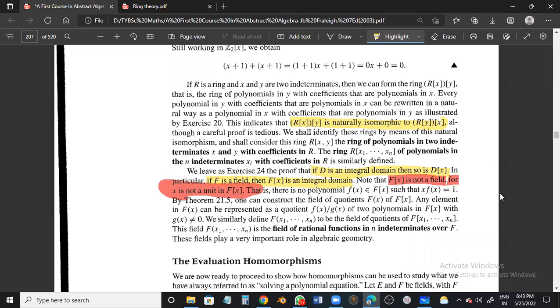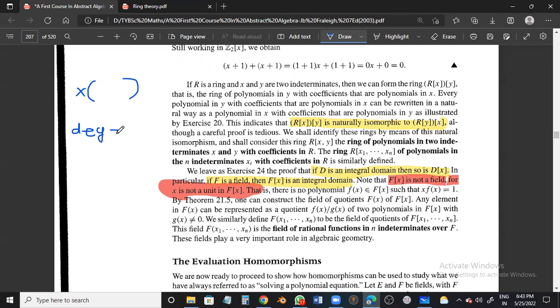Can you give me any polynomial such that x into that polynomial will be 1? Product of two polynomials equal to 1. If I multiply x to any polynomial, what is going to happen? Degree of this product is the sum of the degrees, you know.